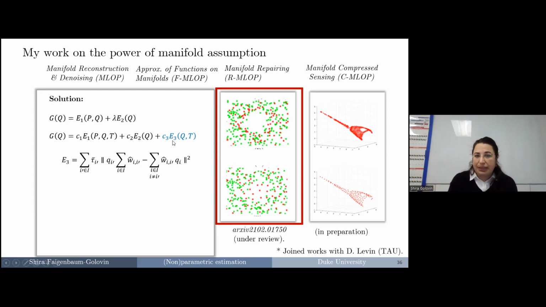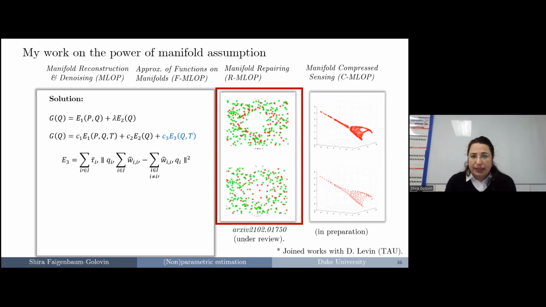The new term E3 that we introduce here does the following: for each point on the boundary, and we can recognize the location of the boundary with some heat map that we have of taus, we do a weighted average with the local points, and each time we propagate the points inside. We were able to prove that indeed the new term performs the propagation, and we're able to bound the error that we'll get inside those holes with missing information.